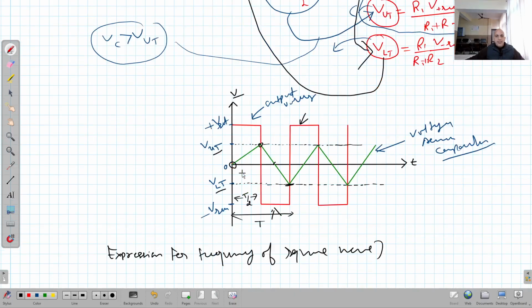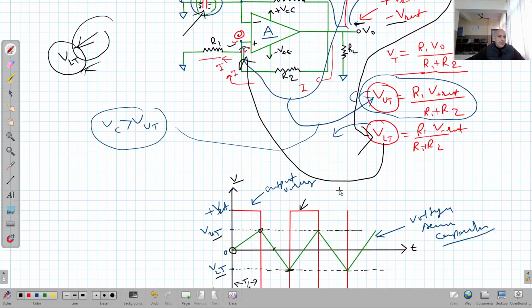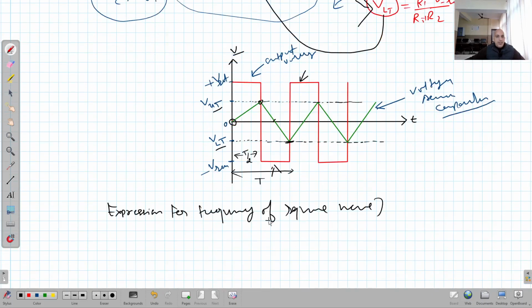We know very well that the capacitor is charging from V upper threshold to V lower threshold, then again from V lower threshold to V upper threshold. This is the total time taken by the capacitor to go from upper threshold to lower threshold to upper threshold, and vice versa. So we will make use of this charging and discharging of the capacitor to find the expression for the frequency.